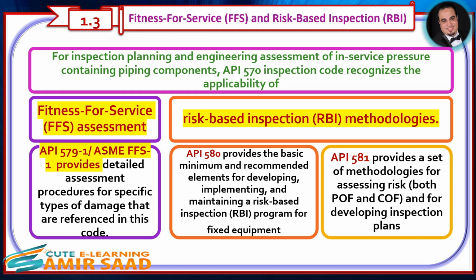API 580 provides the basic minimum and recommended elements for developing, implementing, and maintaining a risk-based inspection, RBI, program for fixed equipment, including piping. API 581 provides a set of methodologies for assessing risk, both probability of failure and consequence of failure, and for developing inspection plans.